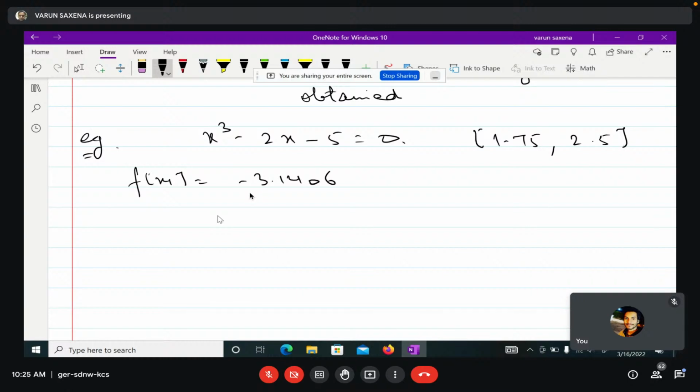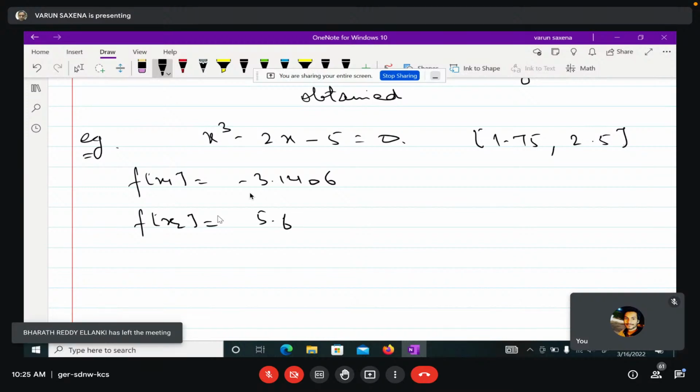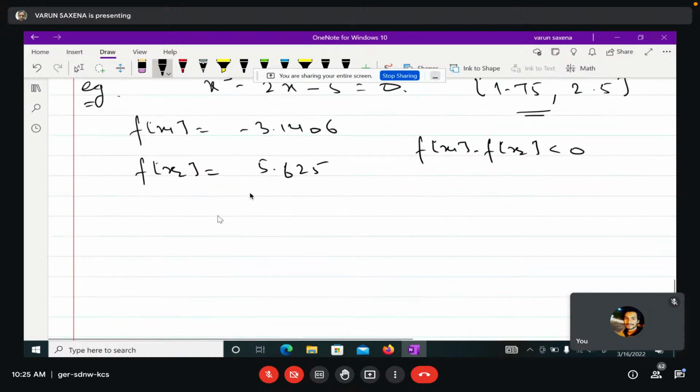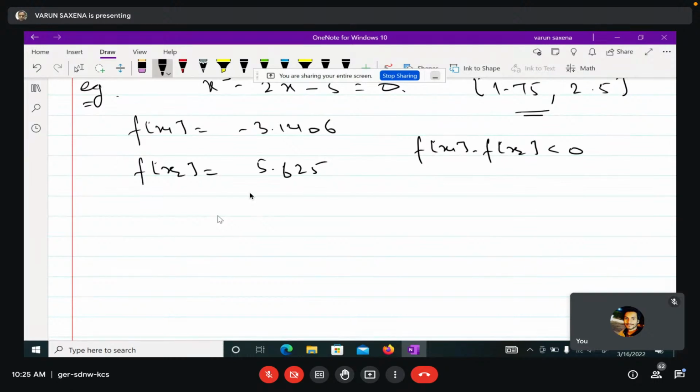And then you calculate fx2, and fx2 is 5.0625. So you can see that fx1 into fx2 is less than 0. So obviously a root lies between these two. I've given them, so there is no need to check, but you can always start like that.